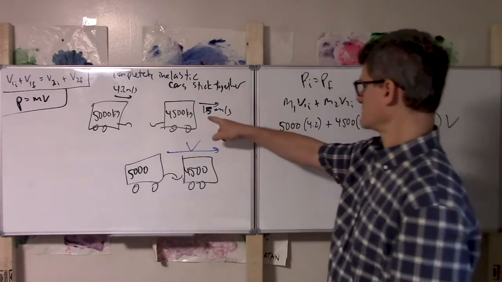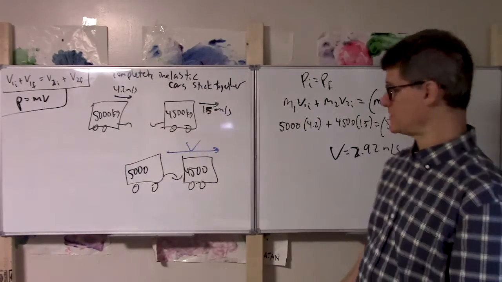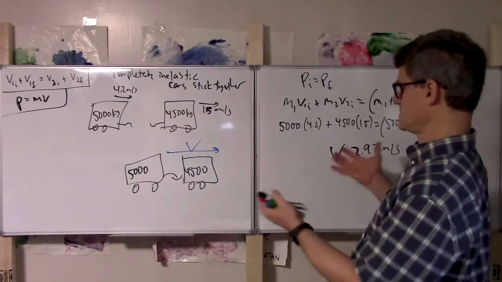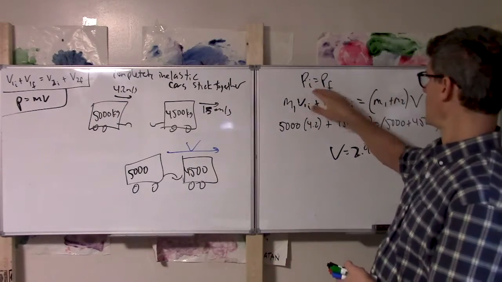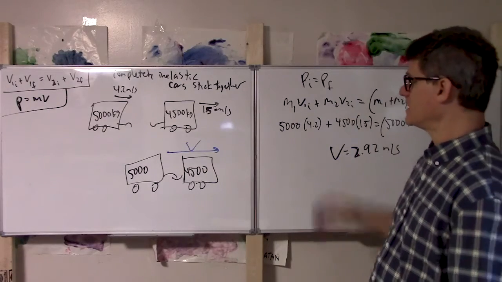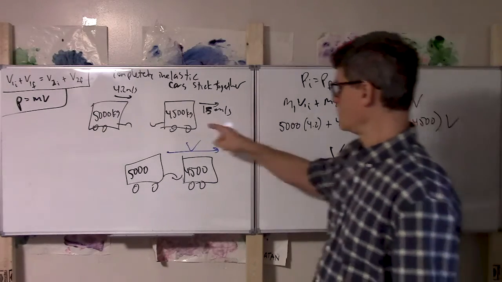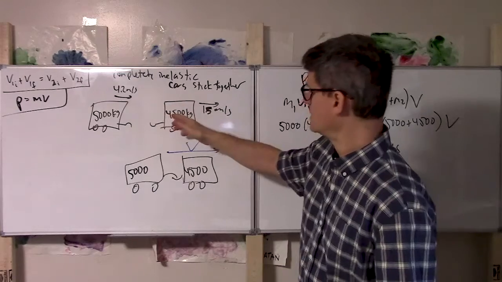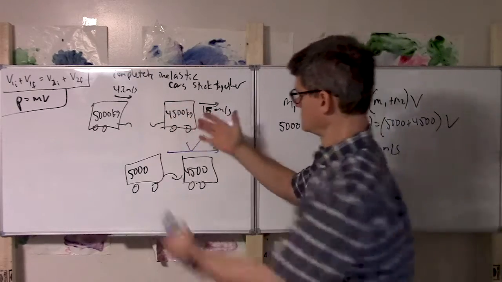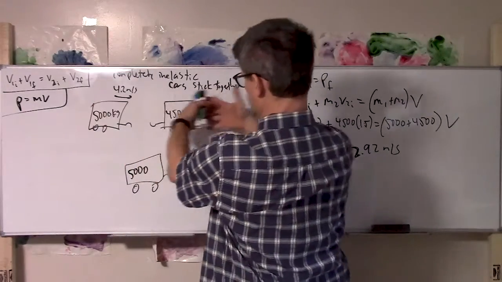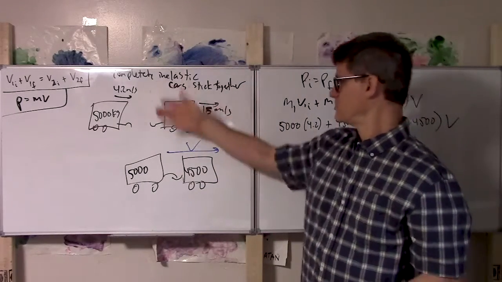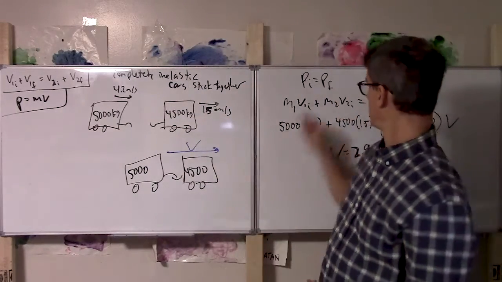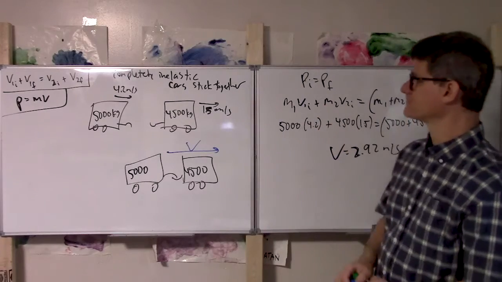So that is in fact in between 1.5 and 4.2 as we'd expect, and basically with a completely inelastic collision we use Pi equals Pf, and that's pretty much it. Now just be careful, if you have an example where this one is moving to the left, you'd have to have a negative sign. So they could collide and stick together. If something's moving to the left, put a negative sign when you insert the number.